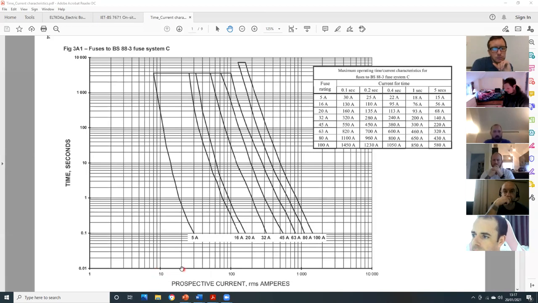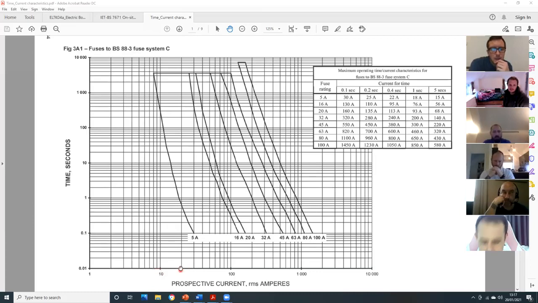If 10, 20, 30 amps were to flow through that 5 amp fuse, can you see that the fuse would operate in 0.1 of a second, a tenth of a second, with a current of 30 amps flowing through it.